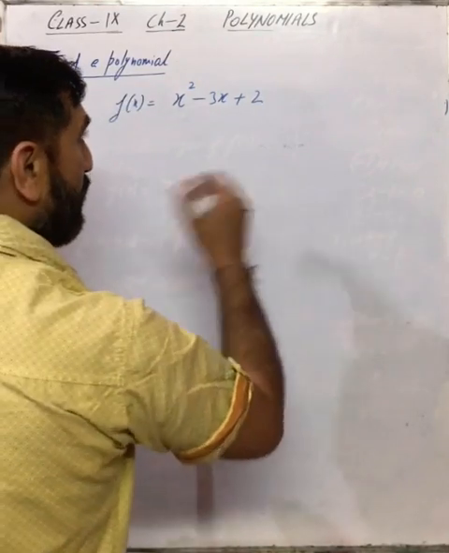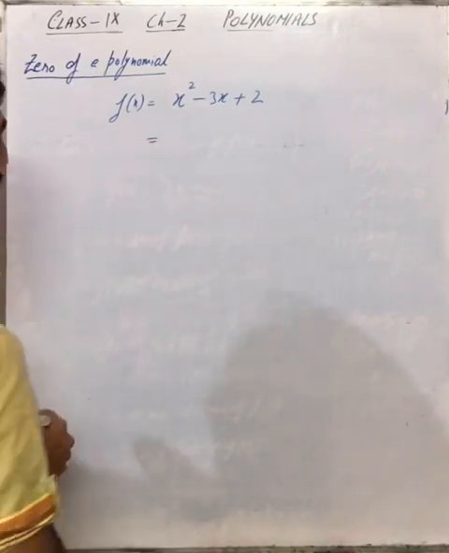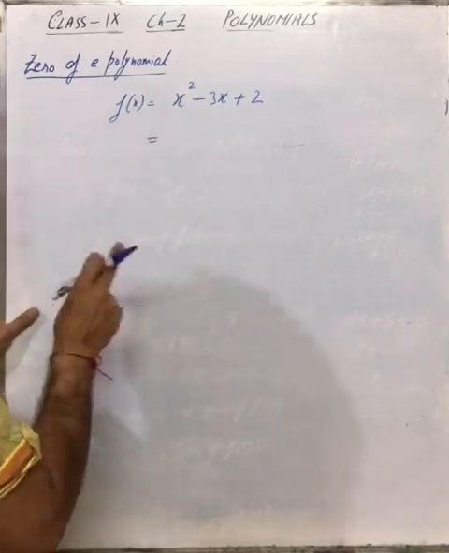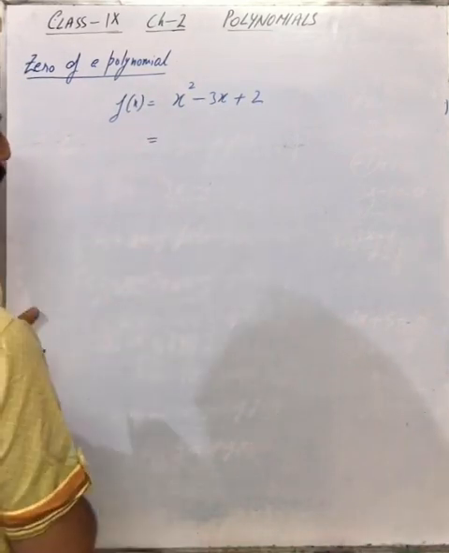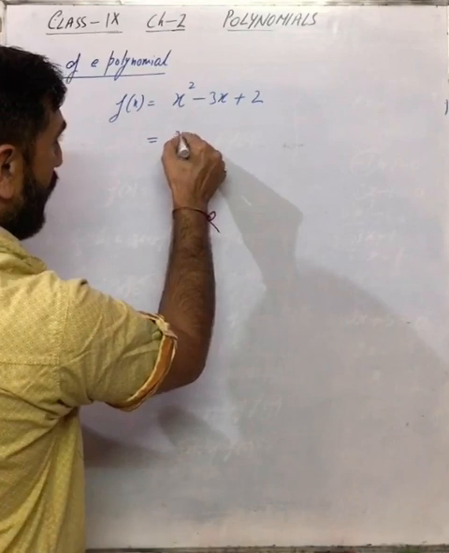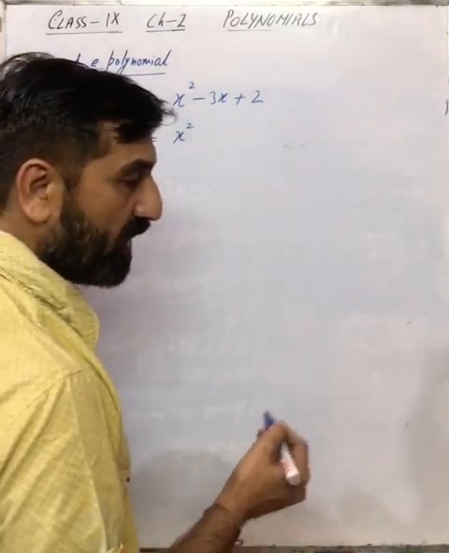So instead of putting the values of x again and again, we will follow an easy method. We'll be splitting its middle term. इसकी middle term split कर लो और इसको factorize कर लो, which I think you have done in your standard 8. So I'll split the middle term quickly because I hope that you know this method.